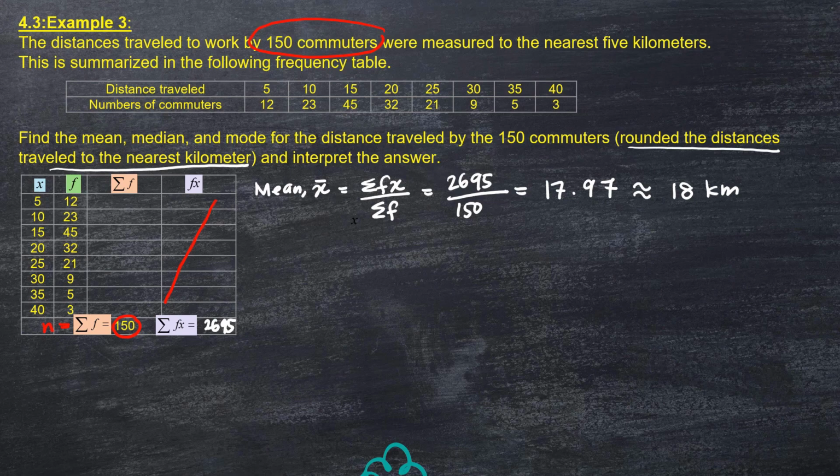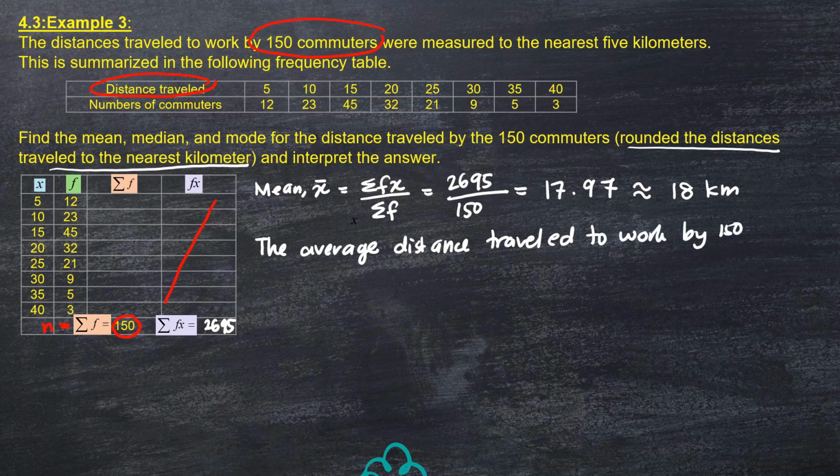So the interpretation will be the average distance travel to work by 150 commuters is 18 kilometers. Okay.